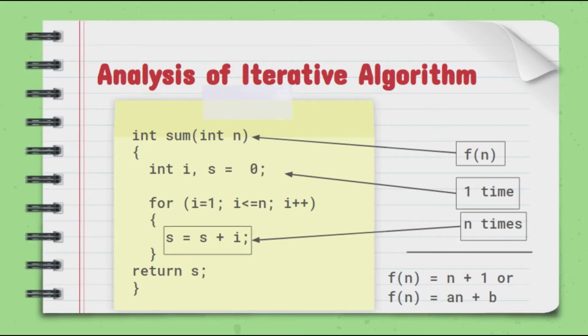If this function is called f of n, how many times does this function take to execute? This one can be taken as 1 time, and this one, since it is from 1 while i is less than or equal to n, this statement is going to execute n times.